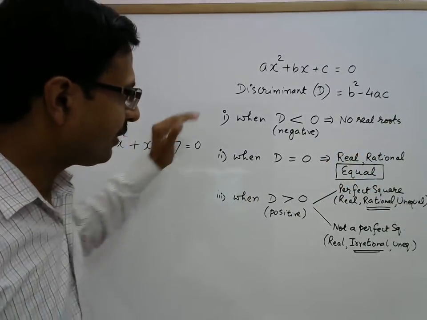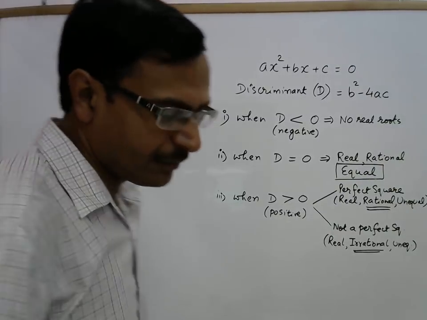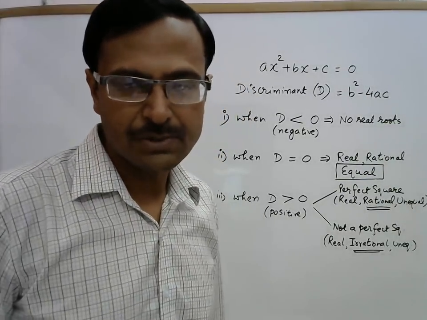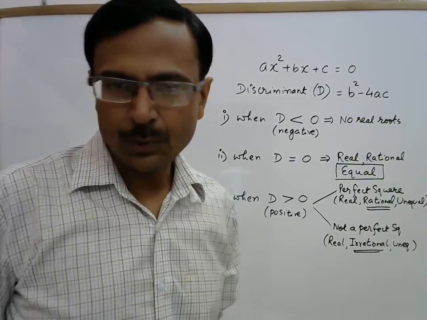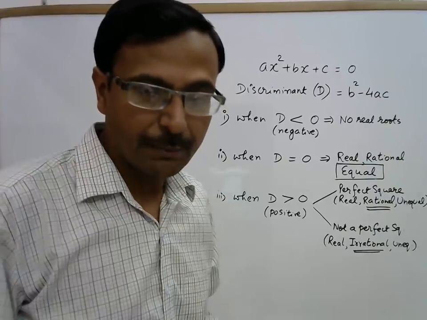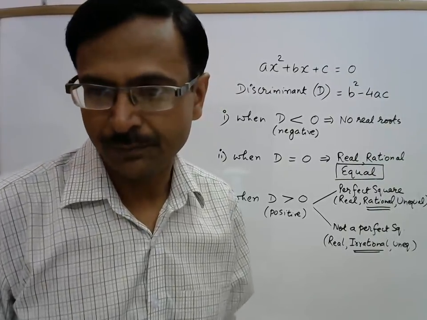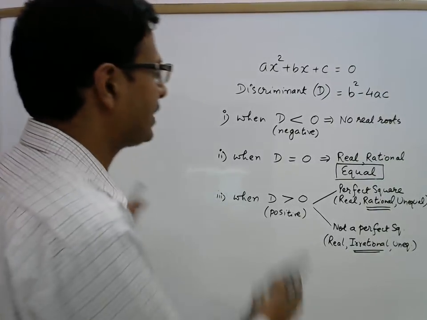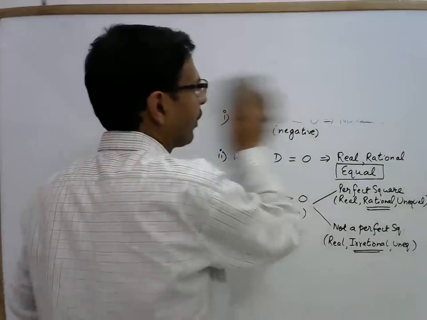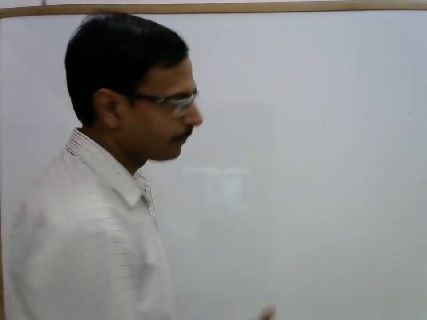Okay, if you have jotted down this concept, then I can give you one example each of the three types of these questions. Now suppose you are given a question: comment on the nature of roots of a given quadratic equation. So now we are solving a problem based on this. Suppose this is the first question.